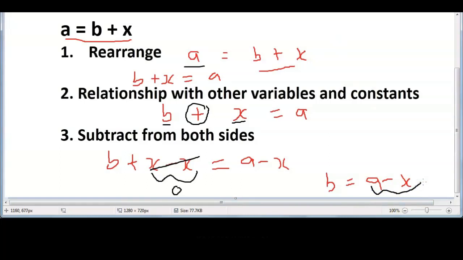We leave it like that. More importantly, B is alone. X has been eliminated. So our final answer is B is equal to A minus X.